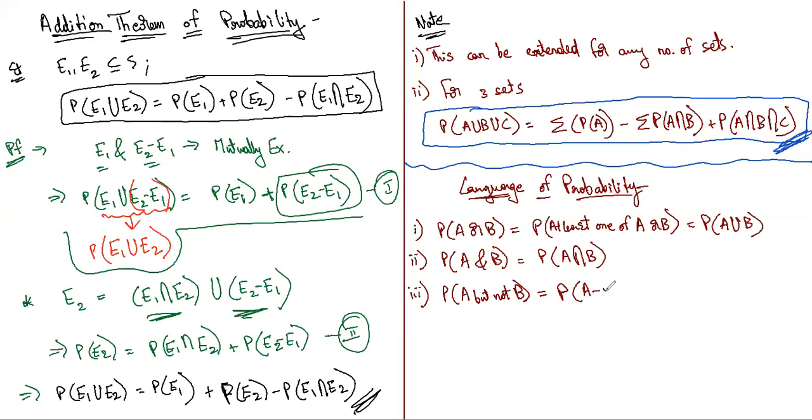A minus B. If they're saying probability that not A, probability of A complement or 1 minus probability of A.